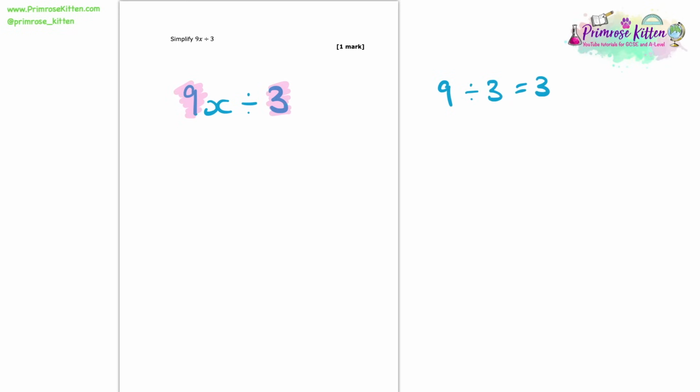So here then this will end up giving us the answer of 3x. And that x just plonks on the end there because nothing has really happened to that. There were no other x's that we divided it by or timesed it by. So that x just stays put. But we did have to do 9 divided by 3 to find 3. So our final answer for this is simply 3x.